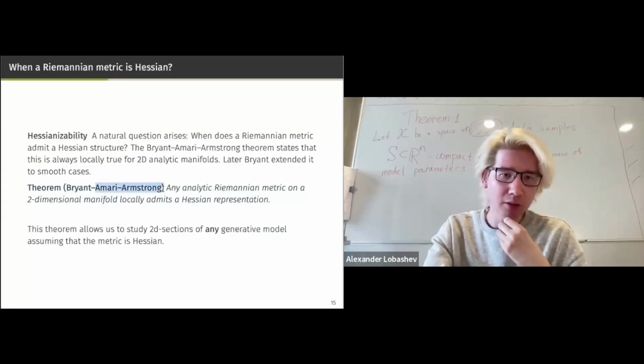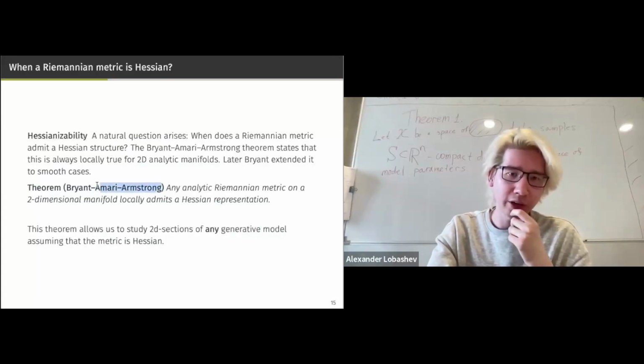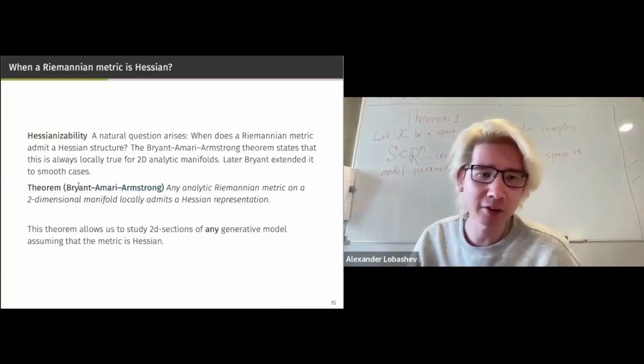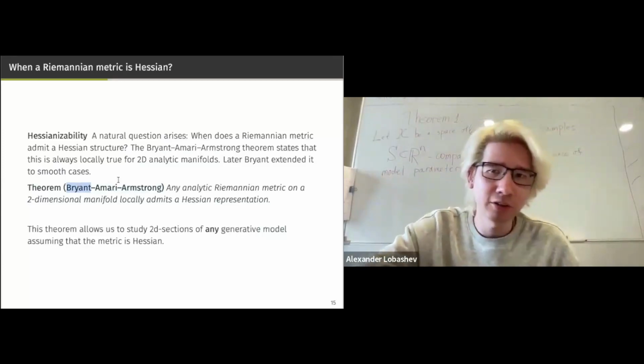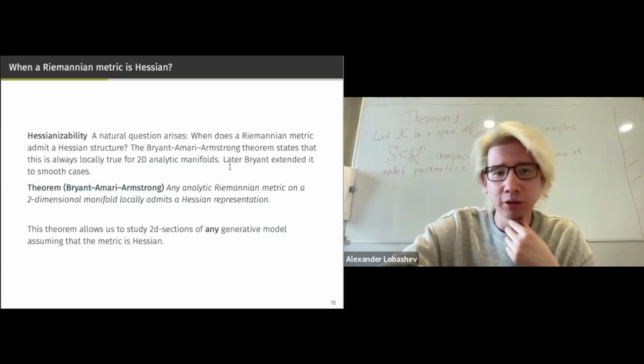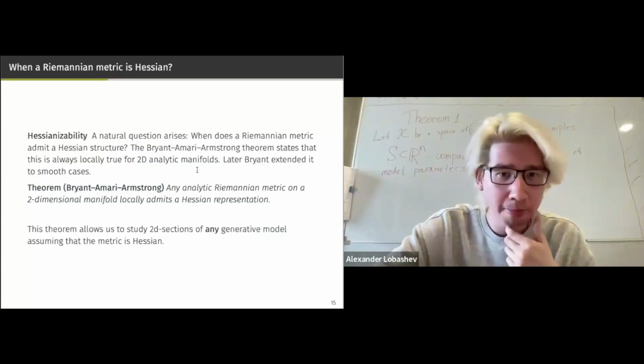Further, after maybe several months or weeks, there was a paper of Amari and Armstrong on arXiv, which was an extended answer of Bryant from Math Stack Exchange. And finally, last year, Bryant proved this theorem for the case of smooth manifolds.